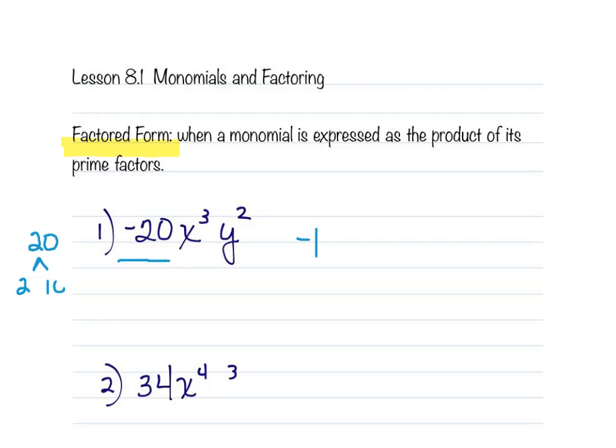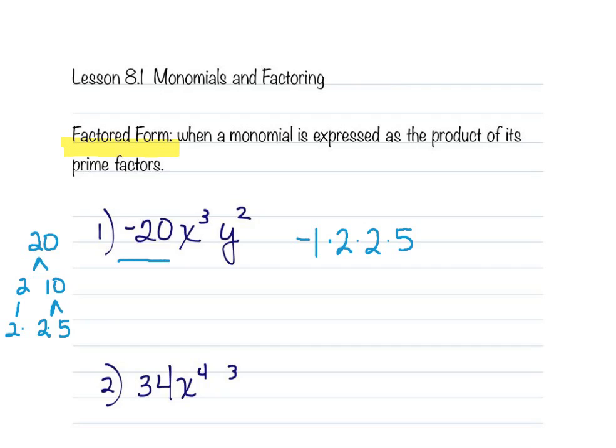2 times 10, and 10 is 2 times 5. So our prime factorization for 20 would be 2 times 2 times 5. So we have negative 1 times 2 times 2 times 5.